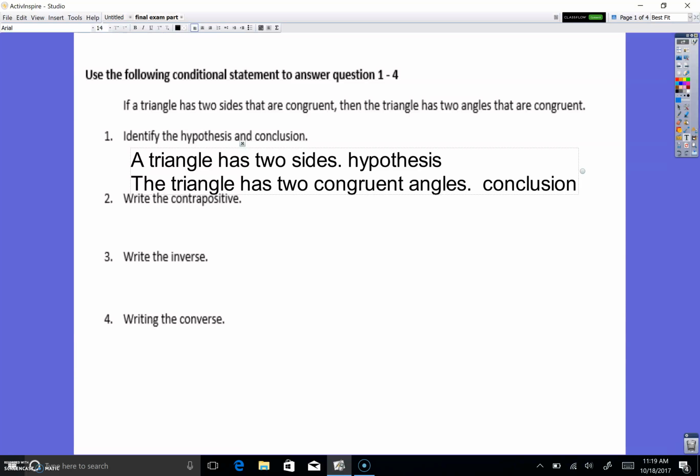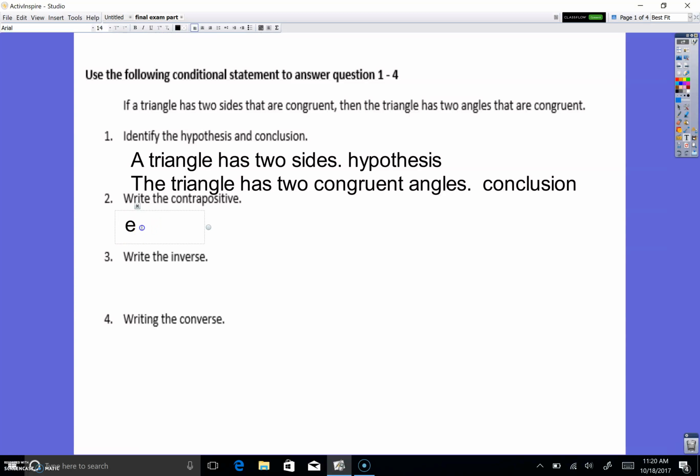Okay, next thing they want you to do is write the contrapositive. To do that, you just have to remember three things.